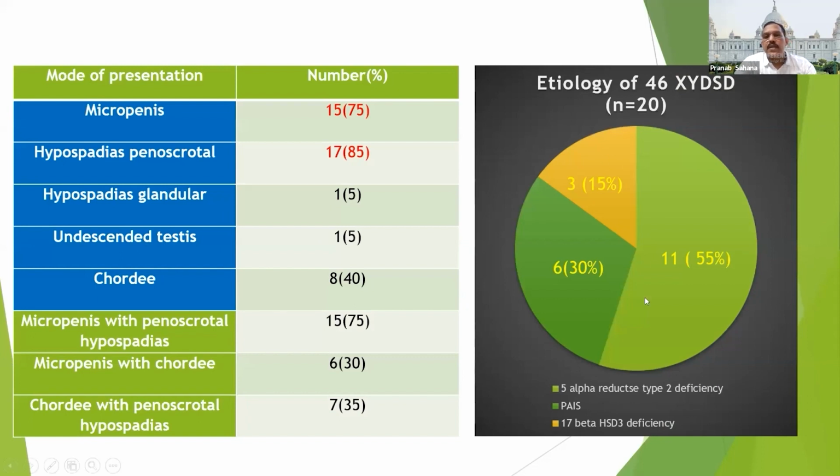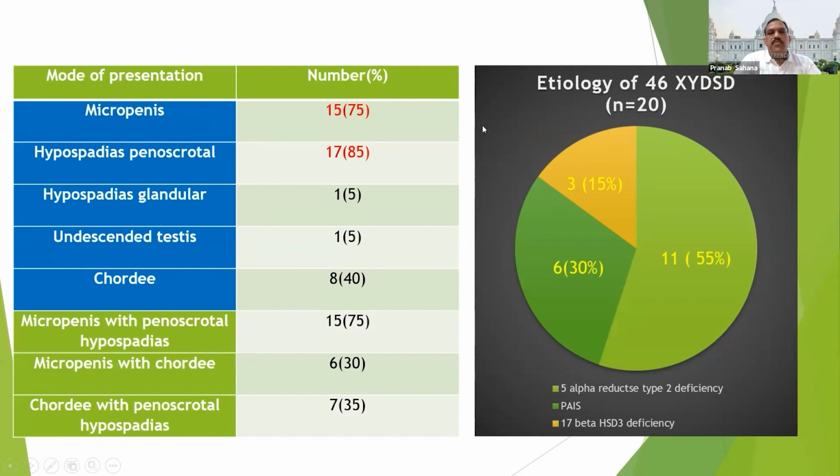We found that 11 patients, that is 55%, had 5-alpha reductase 2 deficiency, 6 patients, that is 30%, had partial androgen insensitivity, and 3 patients had 17-beta HSD3 deficiency. The most common presentation was hypospadias, particularly penoscrotal hypospadias, and micropenis was the next most common presentation.